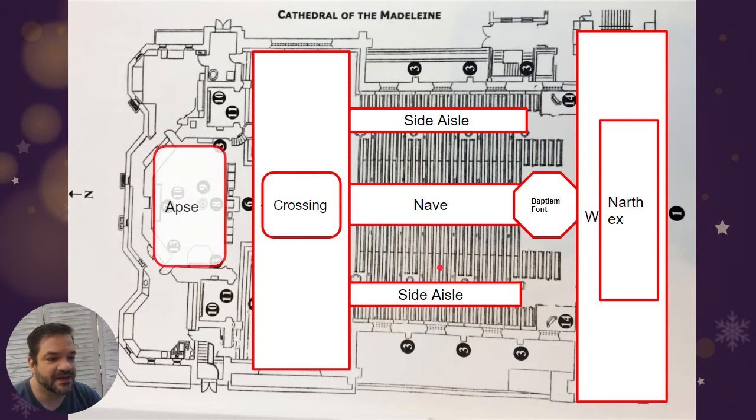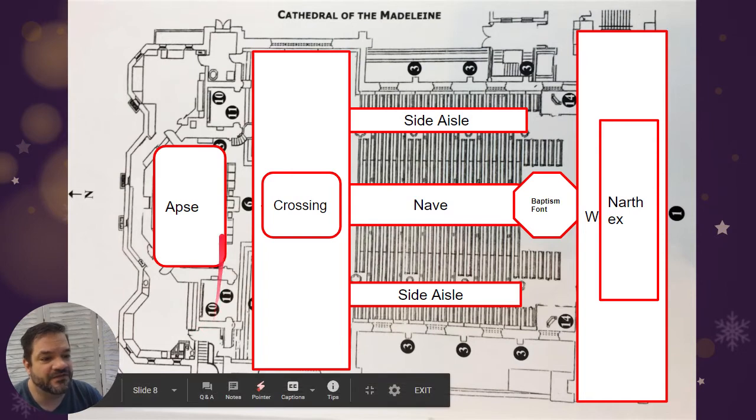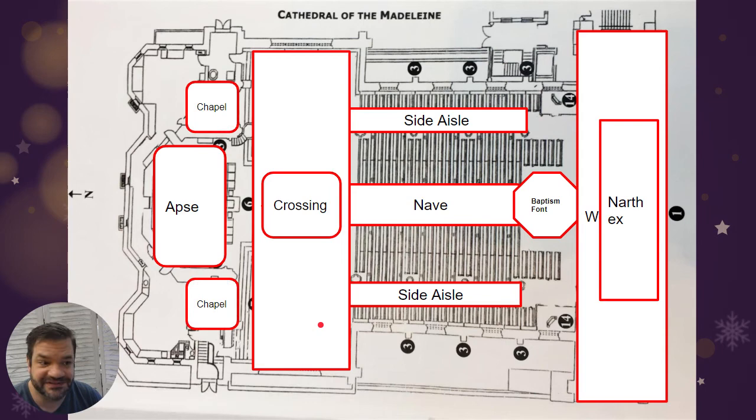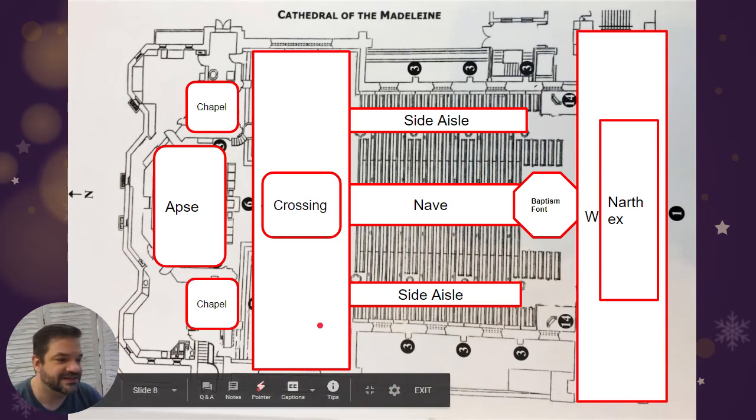Very cool. The apse is back here. And the reliquary, there is a reliquary here, and that's going to be back here at the end of the apse. Okay. Off here to the sides, we've got our radiating chapels. Okay. So it has all the components of a classic Romanesque church.